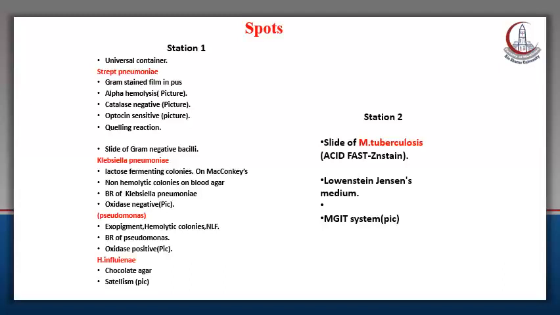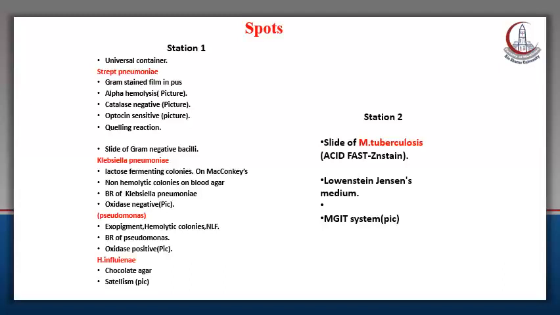And for the scenario of the gram-negative bacilli, there is a slide of gram-negative bacilli with no special arrangement. In case of Klebsiella pneumoniae, we have lactose fermenting colonies on the MacConkey agar, no hemolysis on the blood agar plate, and the biochemical reactions of Klebsiella pneumoniae, including the TSI with fermentation of the 3 sugars with no H2S production, with acid and gas production with gas bubbles in the bottom of the tube, indole negative, citrate negative, urease positive.